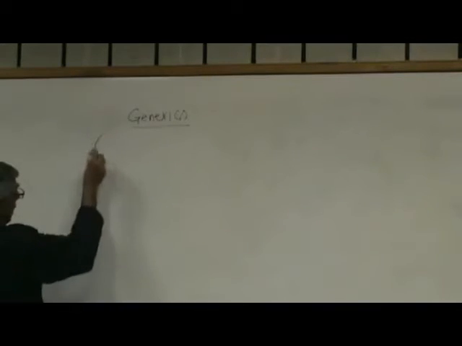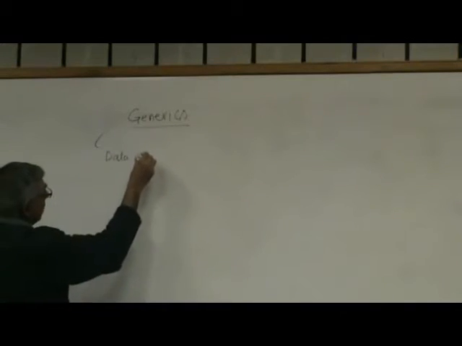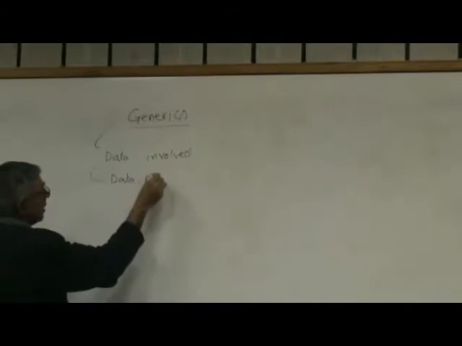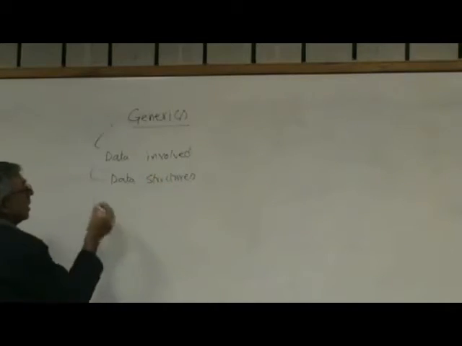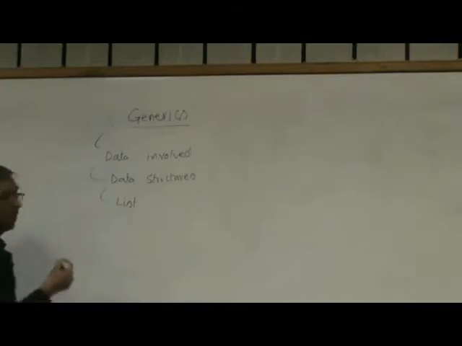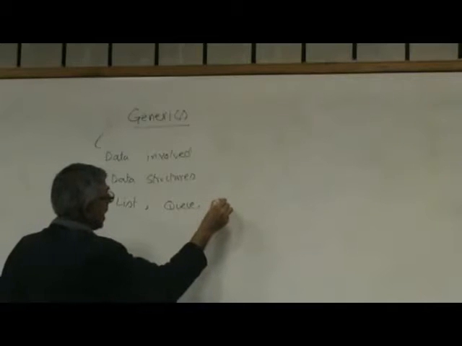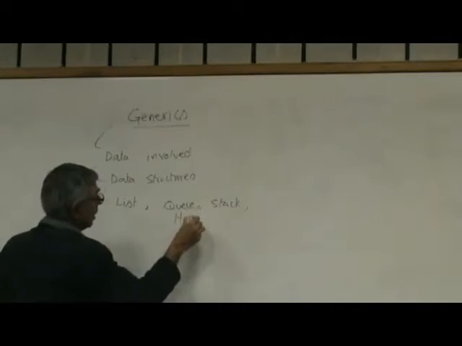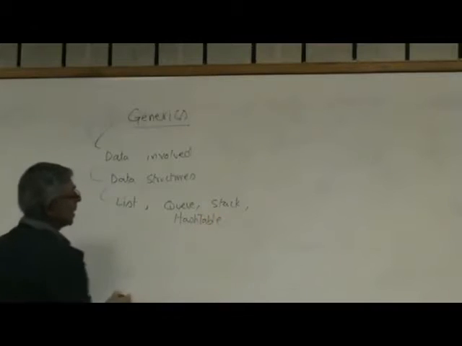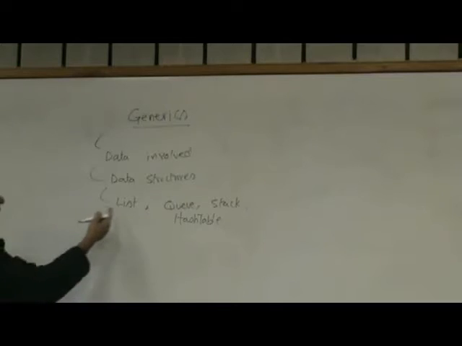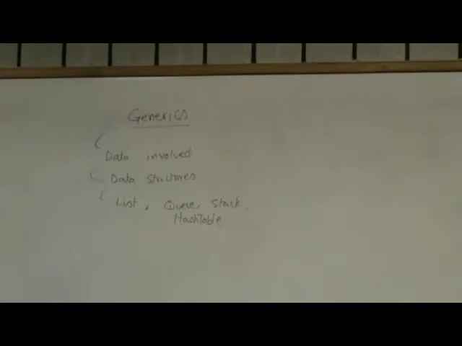So anytime we have data involved, for example, classes that deal with data structures, we may have a linked list, a queue, a stack, a hash table. If we are creating a list, we may want to store integers in the list, we may want to store strings in the list, so it makes sense to have it as a generic.